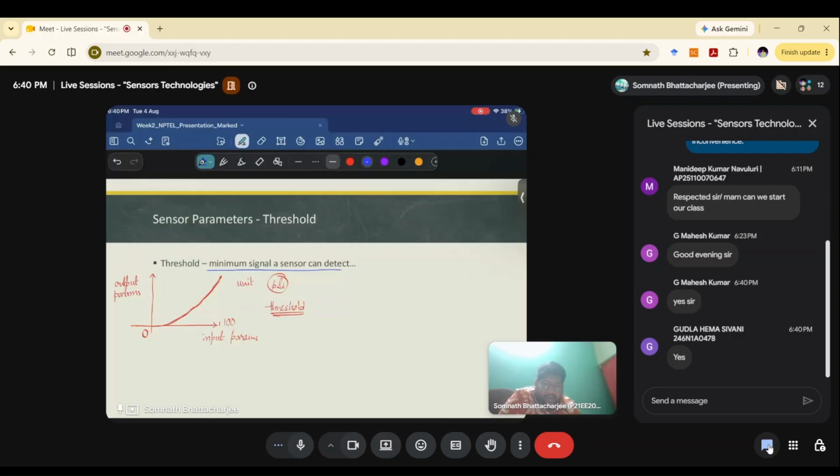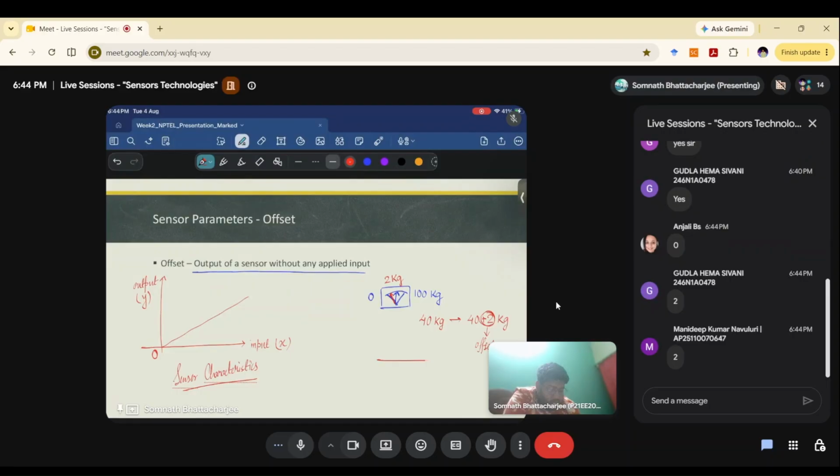This is a sensor characteristic. For the weighing scale, the offset was 2 kgs, right? But for this sensor, what is the offset?